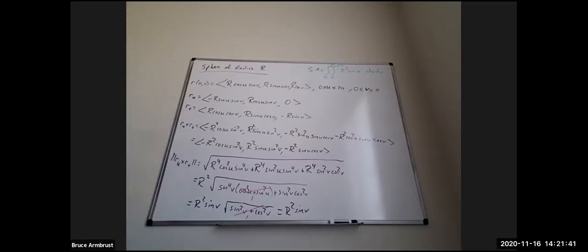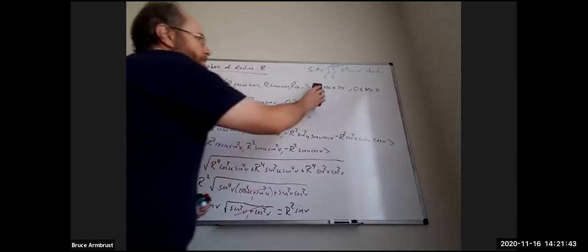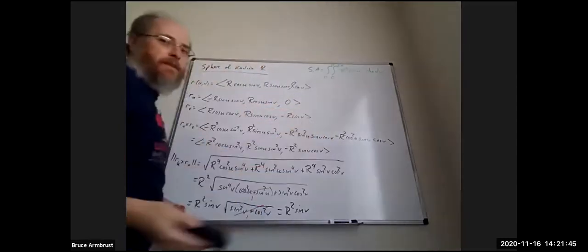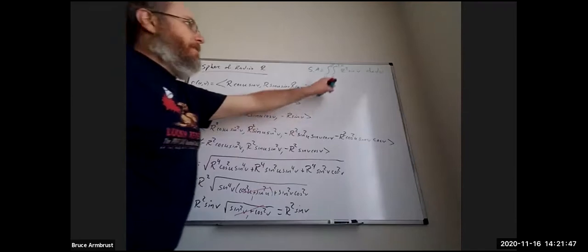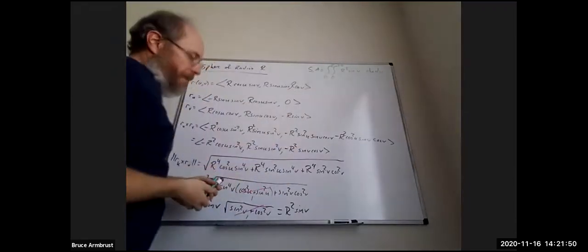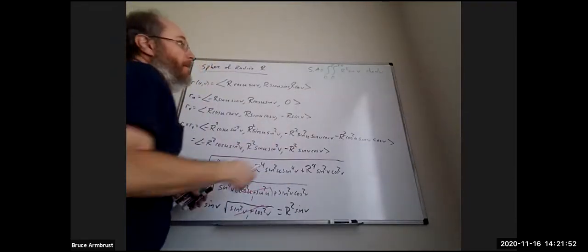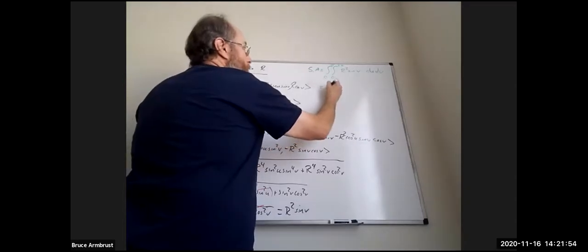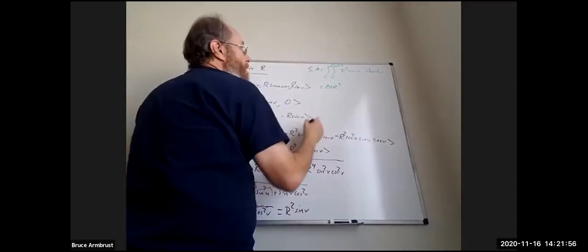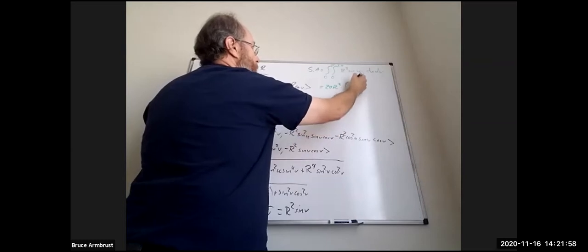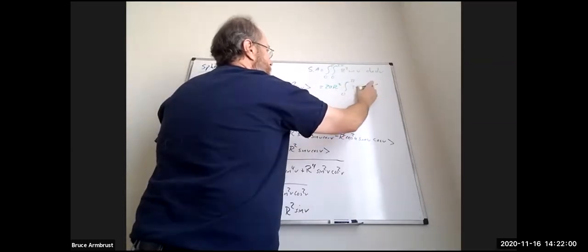All right, so let's get that real quick. In terms of the u's, well, there are no u's to integrate, so we just get a u, which then when we plug in 2 pi and 0 gives us 2 pi. So we now have 2 pi r squared times the integral from 0 to pi of sine of v.